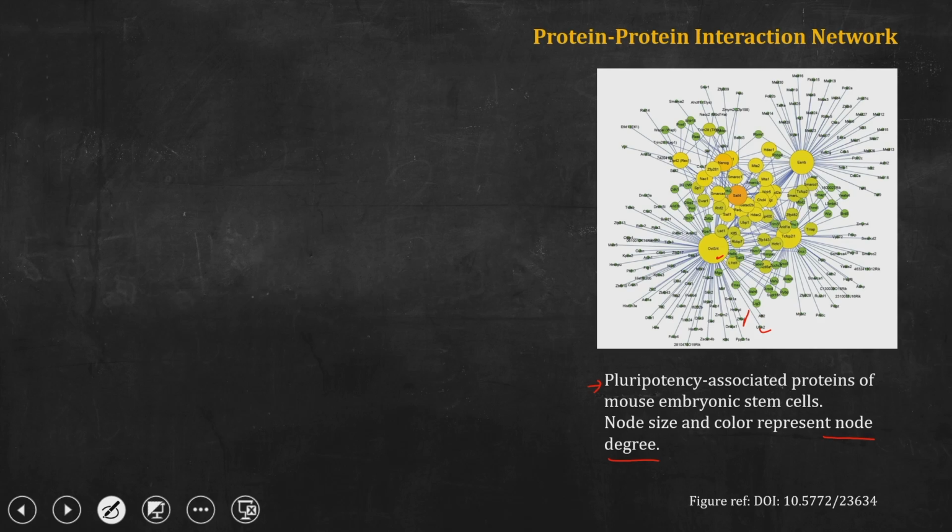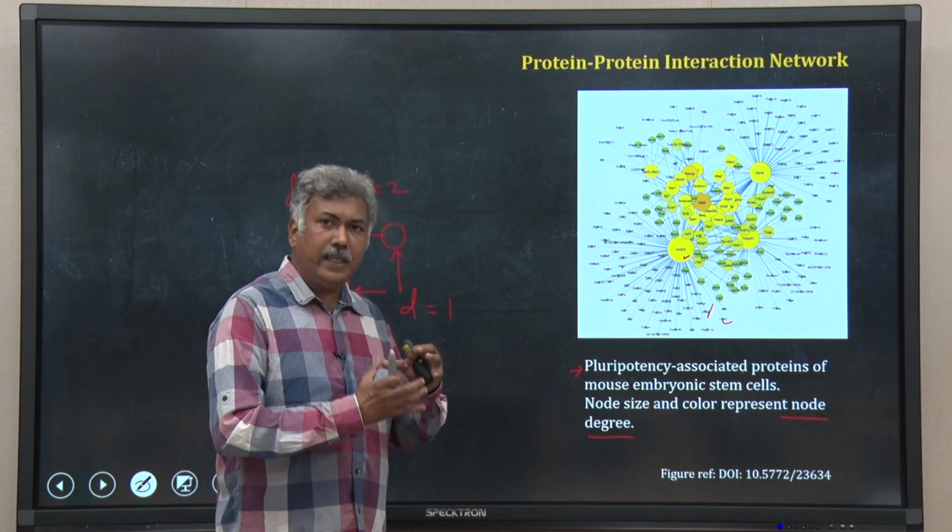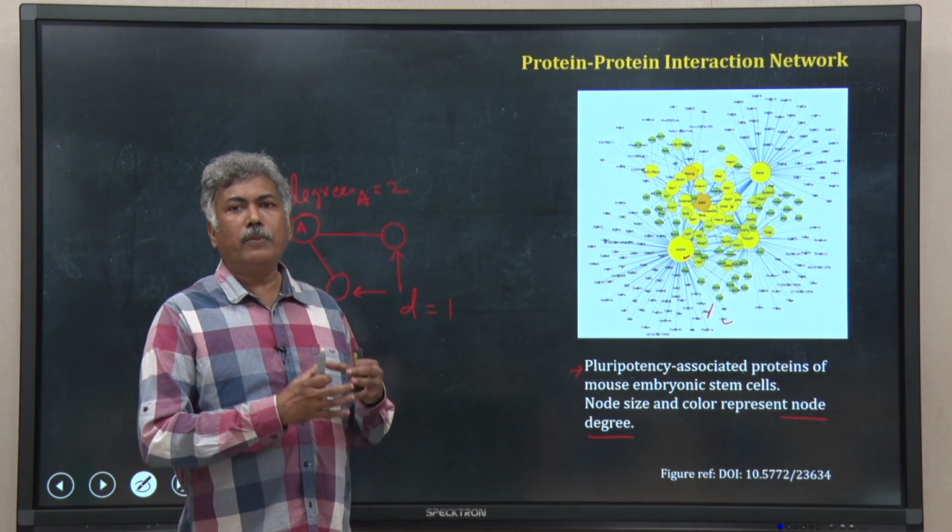So, if I take a graph like this, suppose A has two edges connected to it. So, the degree of A will be 2, whereas the degree of these two is equal to 1. In this diagram, they have modified the color and the size of each of these nodes depending upon the degree.